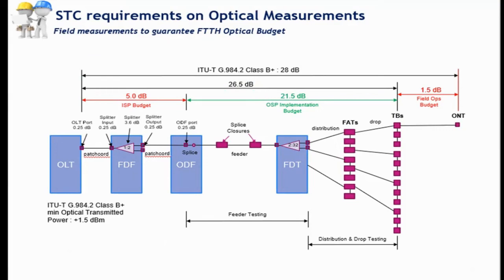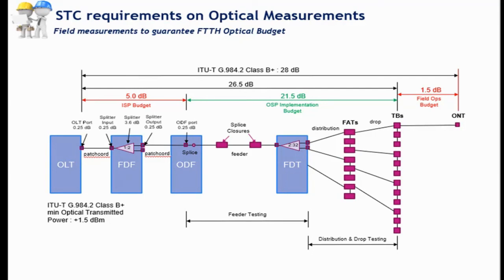So from the OLT port to the ONT port, the two active electronic equipment, we have 28 dBs as optical budget. Out of these 28, we leave 1.5 dBs for field operations budget inside customer premises wiring. If we remove the 1.5 dBs from the total budget, the remaining is the 26.5 dBs stated in the guidelines.